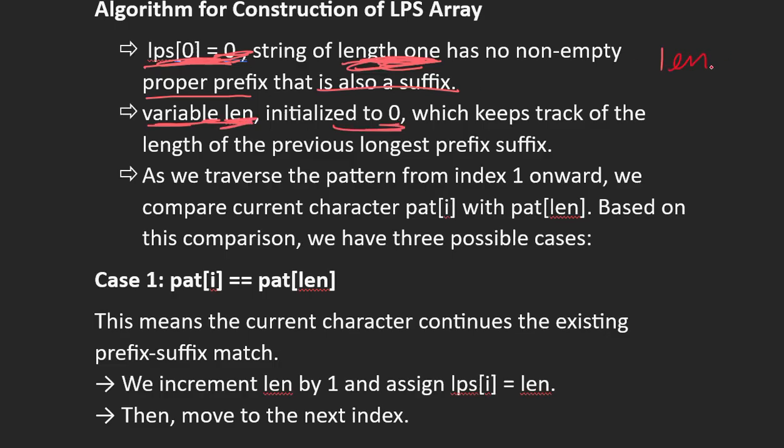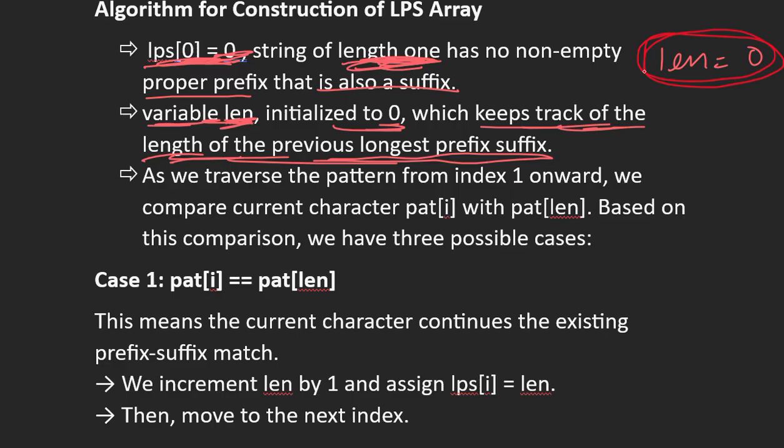It keeps track of the length of the previous longest prefix suffix. Basically it stores the maximum length which we have already matched, for which prefix equals suffix, right?